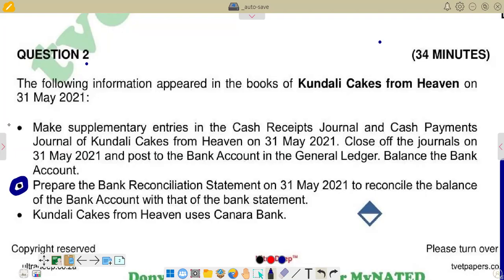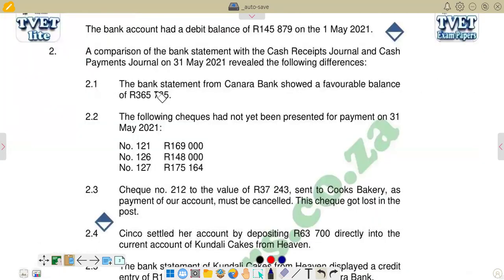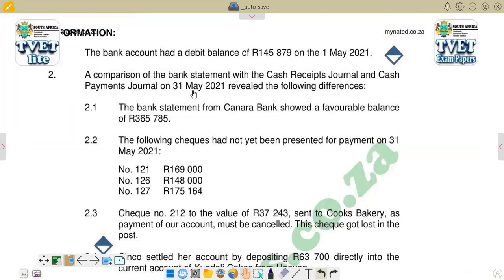Remember, when you're preparing the bank reconciliation statement, you are just trying to reconcile the balance of the bank statement and the balance of the bank account in the ledger. At the beginning of the question, we are given the bank account with a debit balance of 145,879 rands.